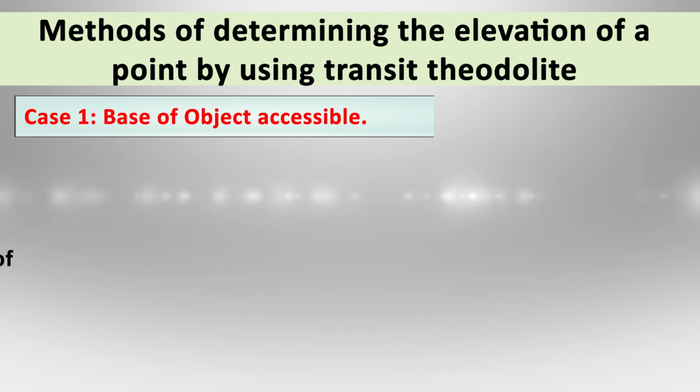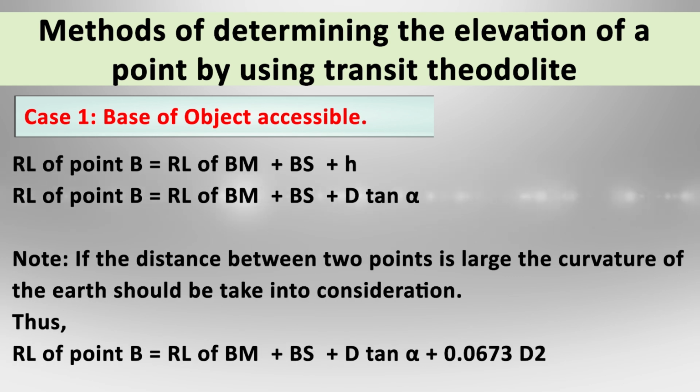We will cross multiply it. We get small h is equal to d tan alpha. So d is the horizontal distance, alpha is the vertical angle. So from this we can calculate RL of B is equal to RL of benchmark plus backside plus d tan alpha.